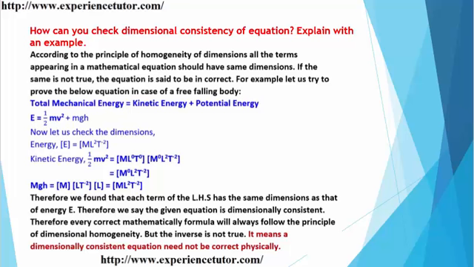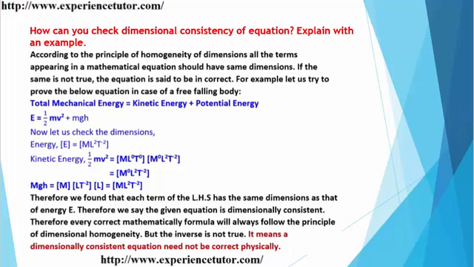For example, let us try to prove the below equation in case of a free falling body. We know that total mechanical energy is equal to the kinetic energy plus potential energy of a free falling body. Therefore, we can write E is equal to half mv^2 plus mgh.